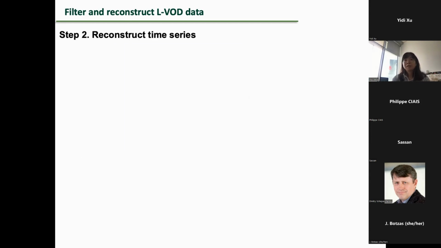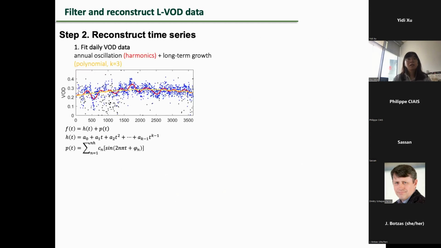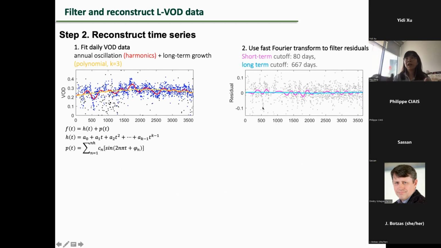We use the method which was used by NOAA to reconstruct CO2 measurements, that is, fit the data and reconstruct the long-term change and the seasonality change. Then we extract the signal according to the frequency of the data time series, using the Fourier transform.